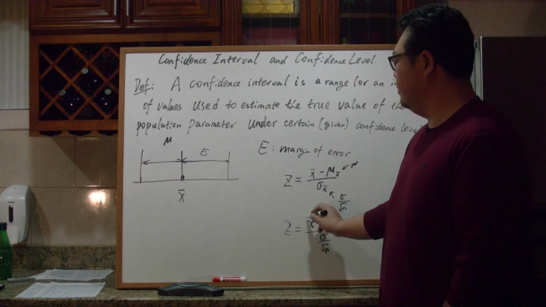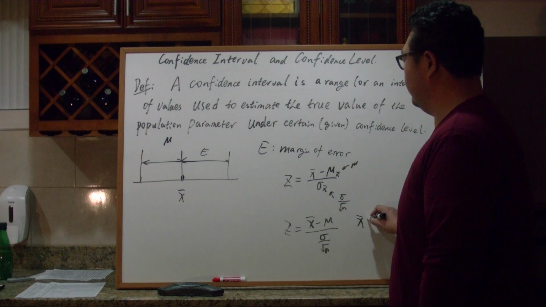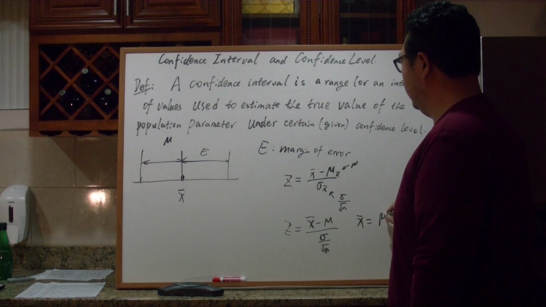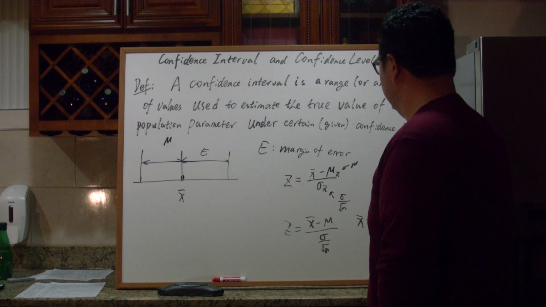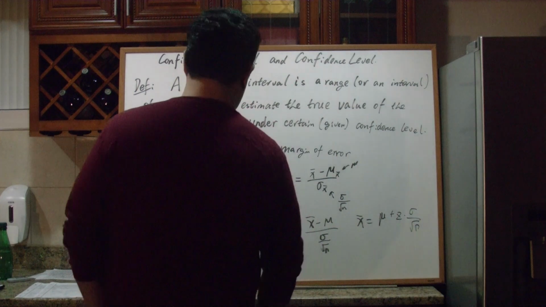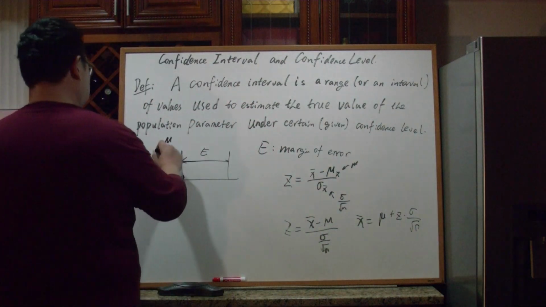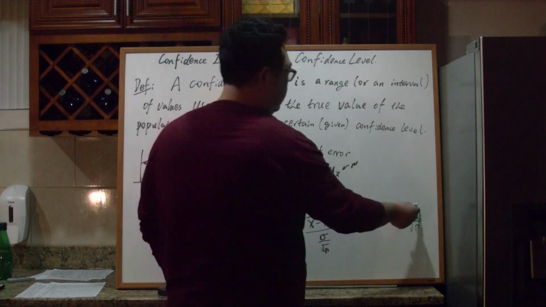And the distribution of the sample mean could be given as mu plus the z-score times sigma over radical n. Right, so the margin of error is actually this part.